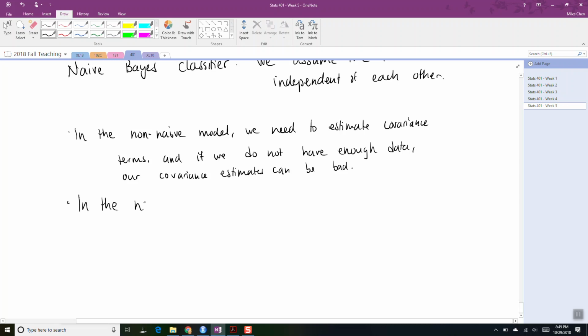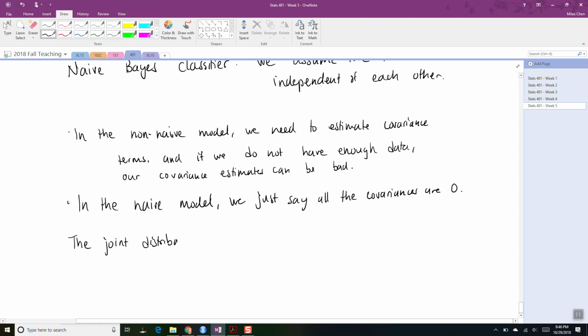So in the naive model, we just say all the covariances are 0. The joint distribution of all the x variables just ends up being the product of each probability, because if random variables are independent, then you can just multiply their probabilities.